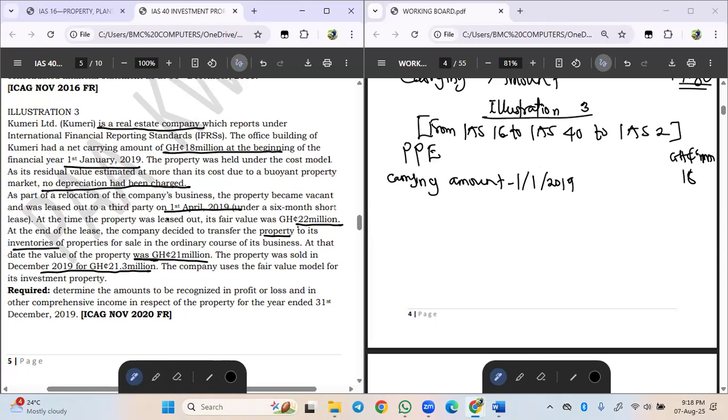So you look at the fair value. As part of relocation, the company was trying to relocate, and that property became vacant, and was leased out to a third party, not a subsidiary, on 1st April 2019 under a 6-month short lease. At the time the property was leased out, its fair value was 22 million.